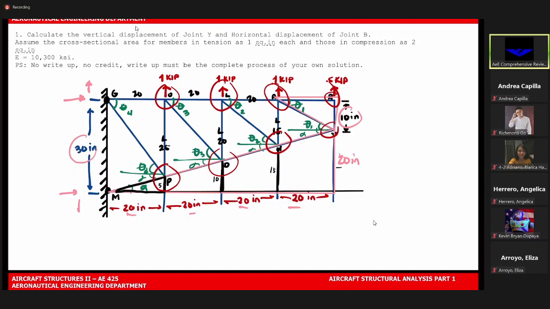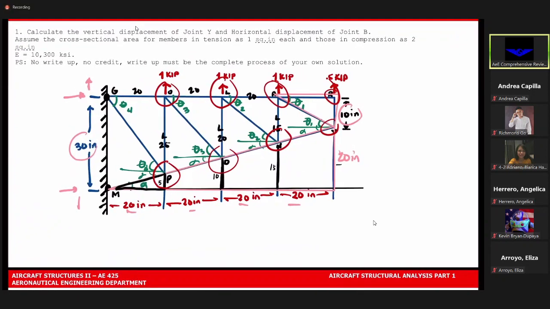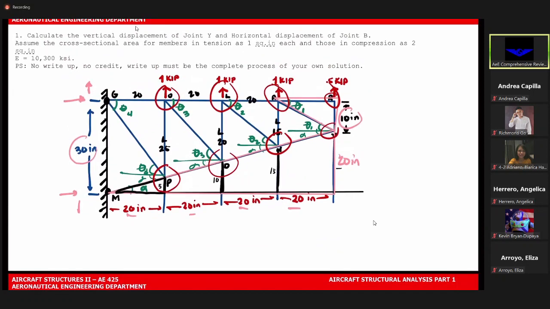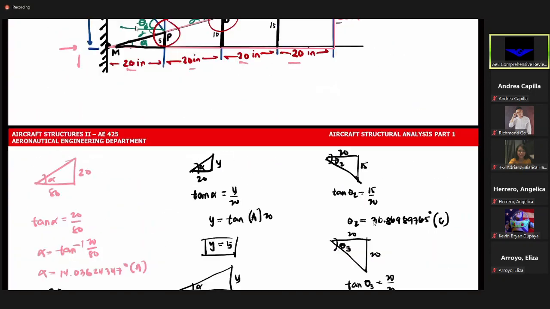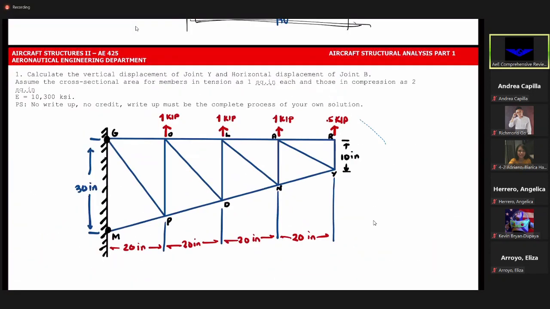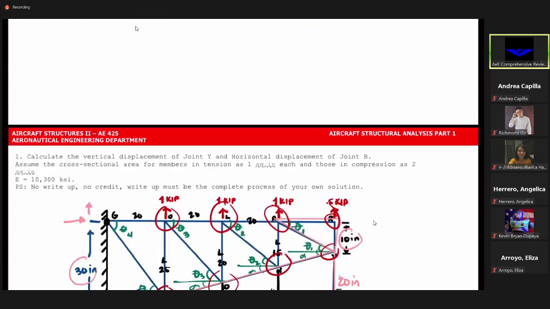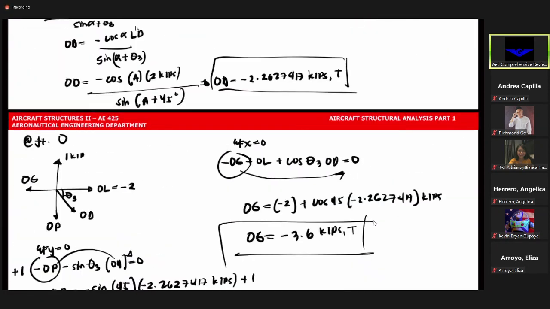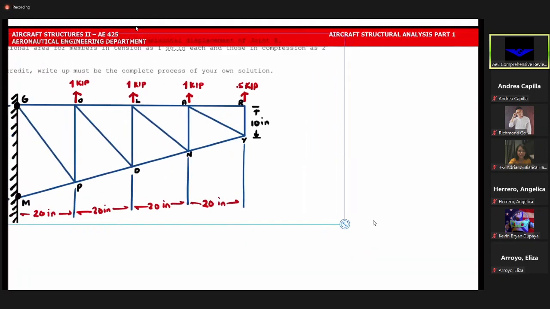So, yun. After no, para makuha yung displacement at Y, gagamitan mo pa rin no ng same na drawing. Okay? Yung ganito. So, kailangan mo siya. Copy natin. So, after mo makuha yung mga force member, hindi pa tapos yan. Kailangan mong kunin no, yung in terms of unit virtual method.